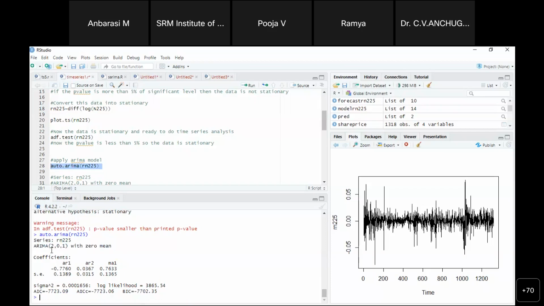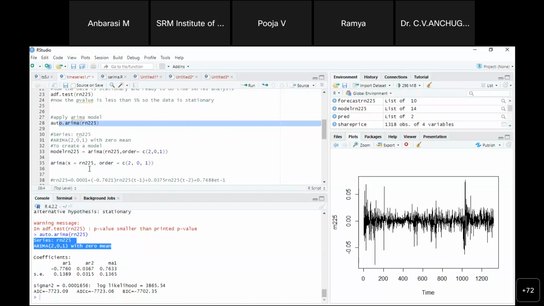Here you get the output as 2, 0, 1. So this auto.arima function will return the p value, d value and q value, with a 0 mean, for the given series.